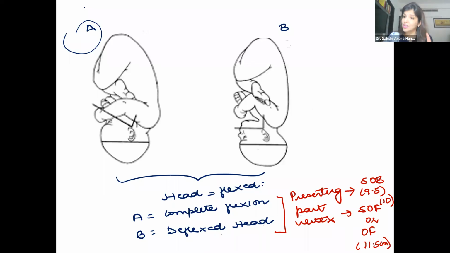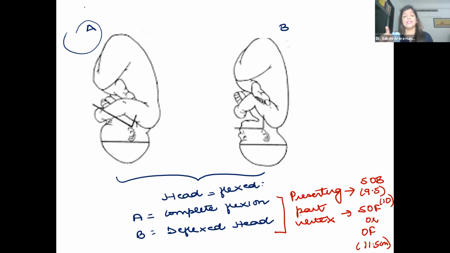But in both these cases, the presenting diameters are different. When the head of the baby is fully flexed, then the presenting diameter is SOB, suboccipitobregmatic. So when the head of the baby is fully flexed, it appears as if it is crying, it is sobbing.